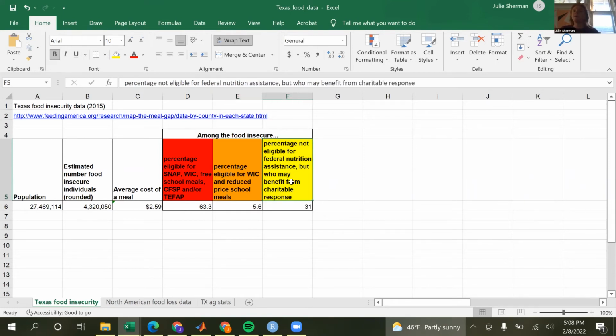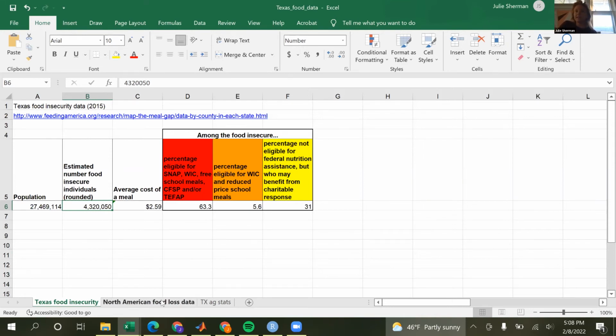People in this category may not be eligible for federal assistance, but would still benefit from having availability of extra food. So I think this is important to note that we have these different levels, and we can calculate how many people are in each category by multiplying this percentage by the total number of food insecure individuals.